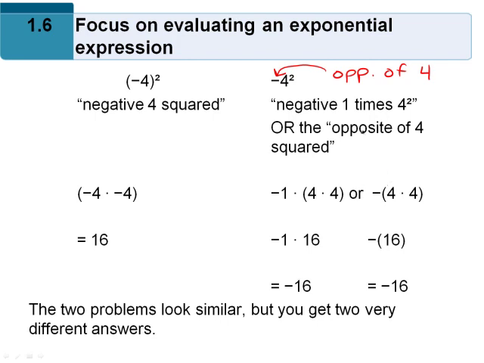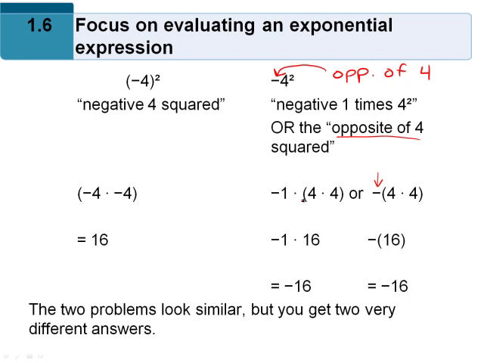Or the other way to think about it is the opposite of 4 squared, where we have an opposite sign out front, and opposite of 4 squared. So 4 times 4 is a +16, and just like back in section 1.1, the opposite of 16 would be -16. Now, both of those are kind of confusing.